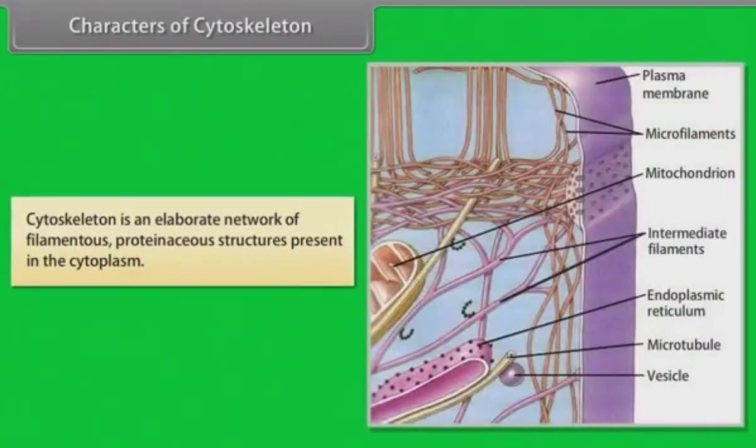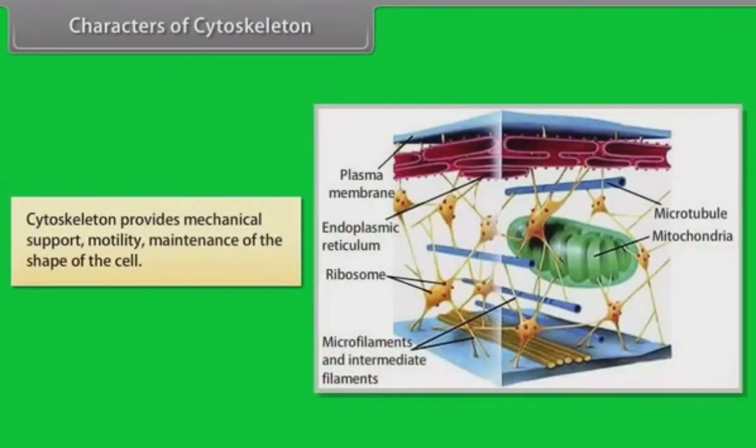Characters of cytoskeleton. Cytoskeleton is an elaborate network of filamentous, proteinaceous structures present in the cytoplasm. Cytoskeleton provides mechanical support, motility, and maintenance of the shape of the cell.